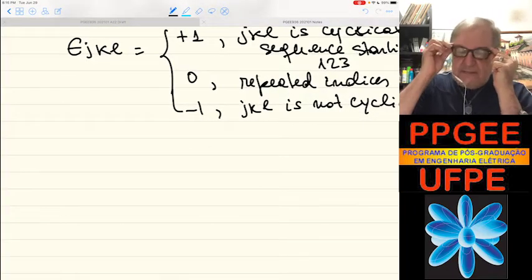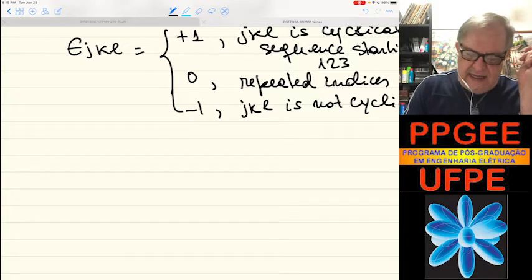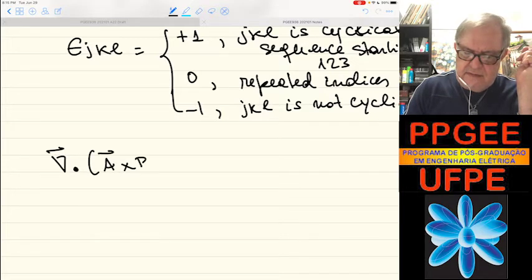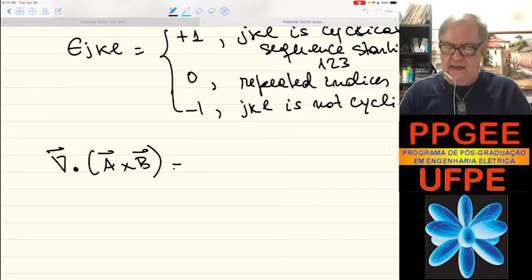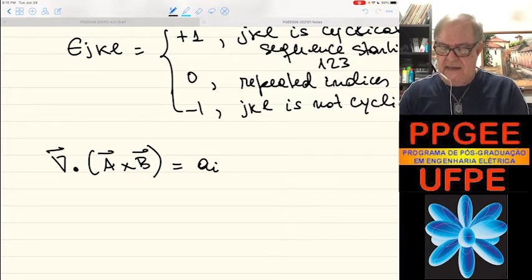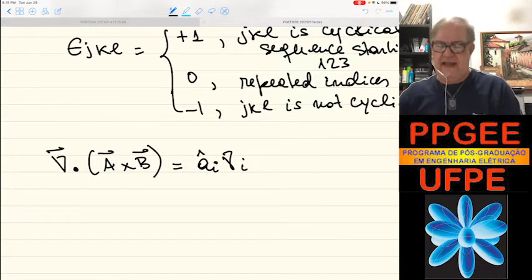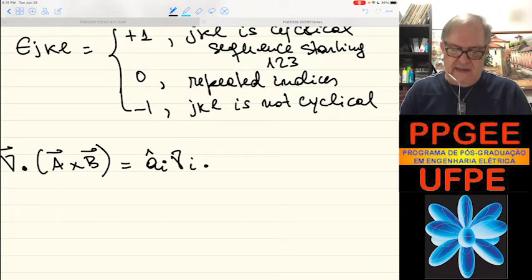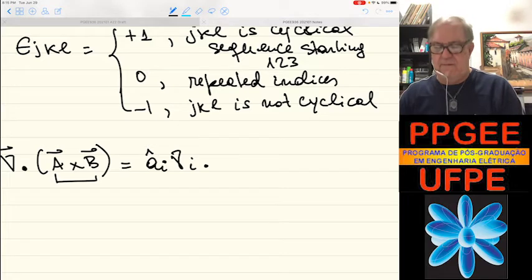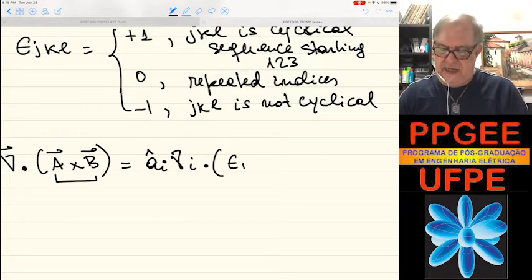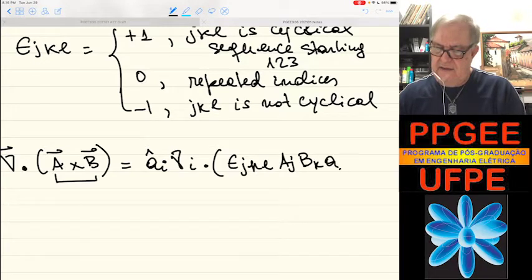So let's make it in rectangular coordinates. The divergence of A cross B equals the dot product of the ith component of nabla with, let's make it an l component, epsilon_jkl a_j b_k.